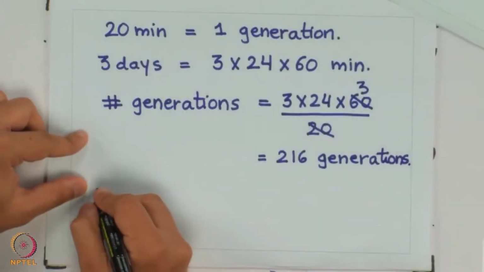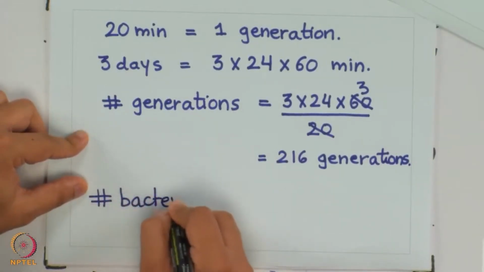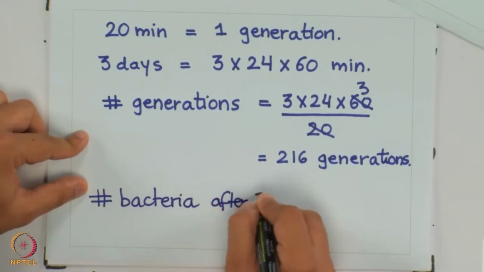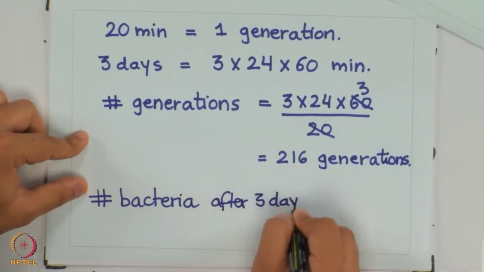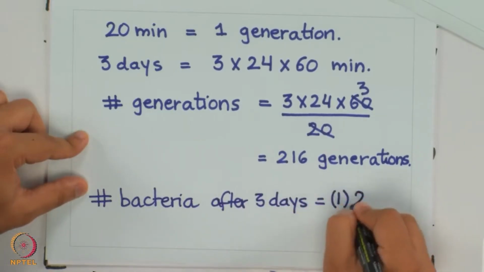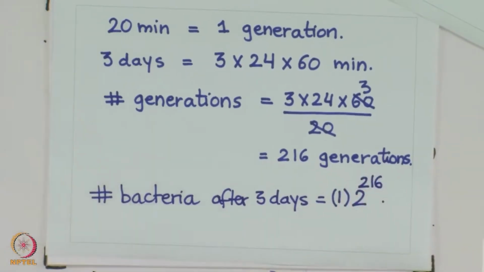So number of bacteria at 3 days is equal to n naught, which is 1 into 2 to the power 216. Okay. Now, is this a very large number or a small number? We want to get a relative sense of the magnitude of this number.